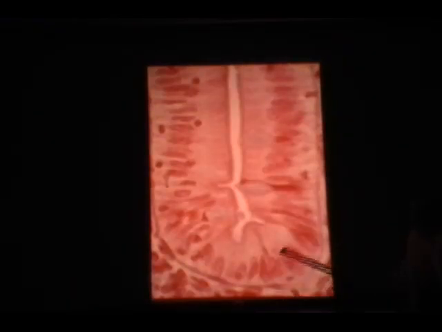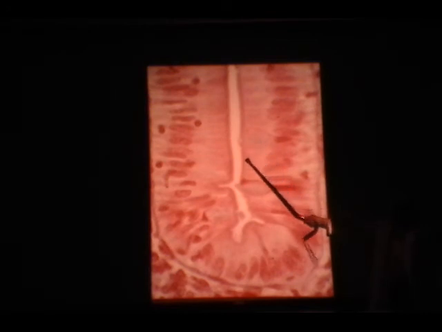Now, this is a light micrograph showing the size of two villi that are right next to one another. And the important thing here is the striated border. Those are microvilli. The next slide shows them even better. This has been stained with the PAS technique, which has stained a couple of goblet cells and the striated border.